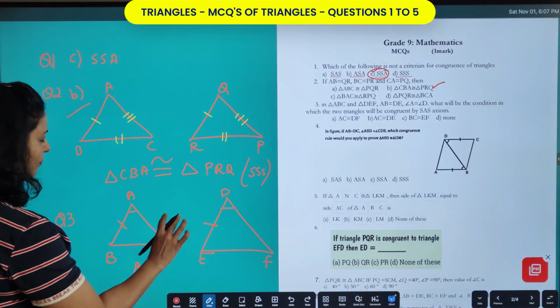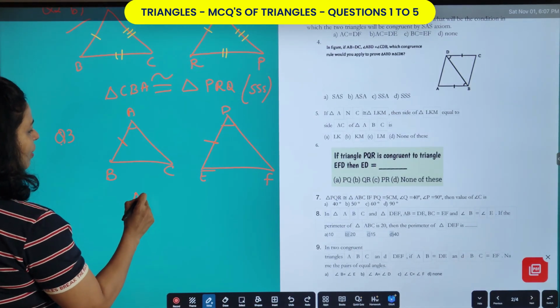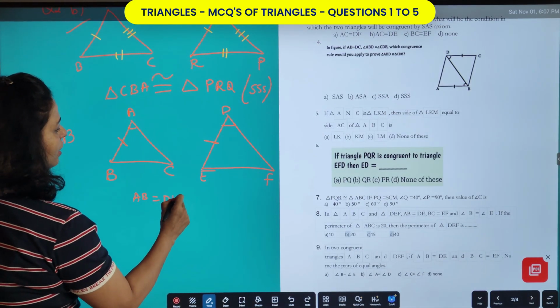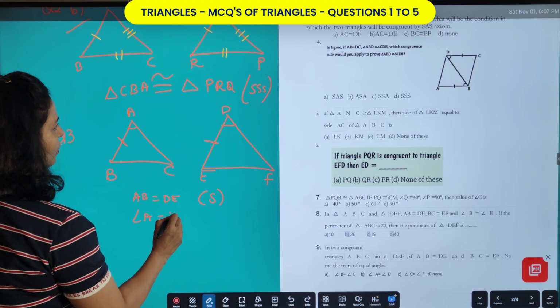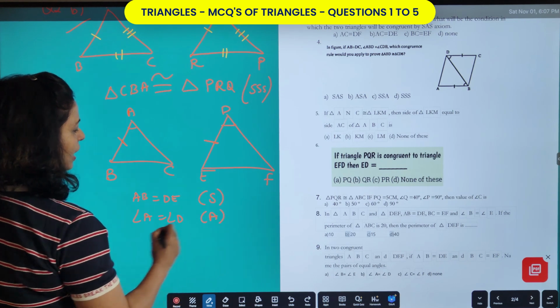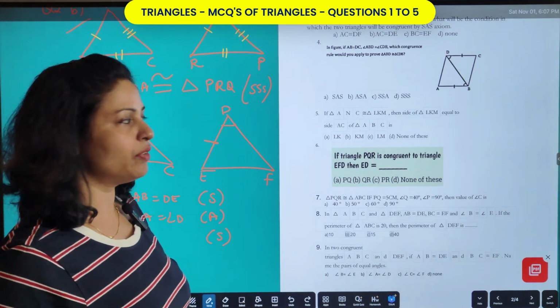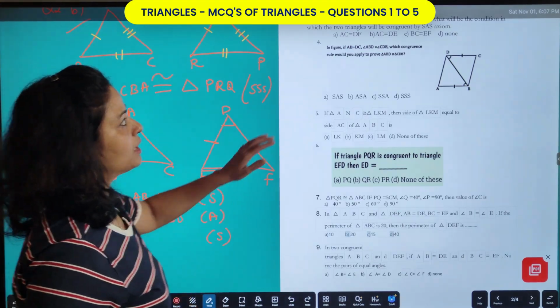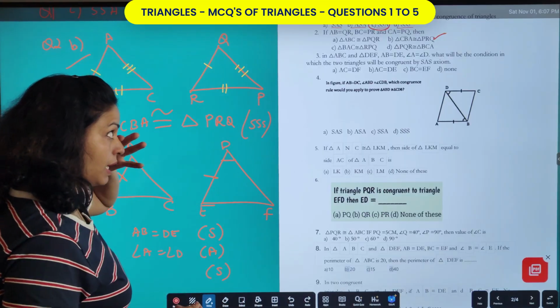We have one S, AB is equal to DE, then angle A is equal to angle D, that is A. Now we need one more corresponding side to prove the congruency by SAS.